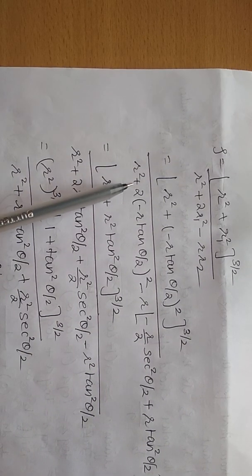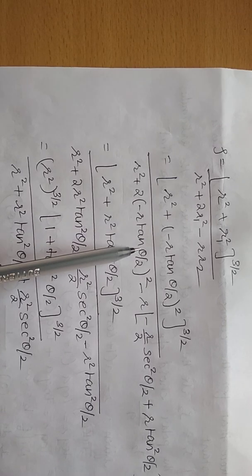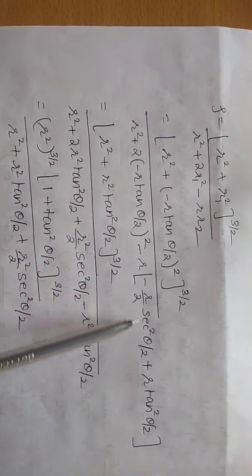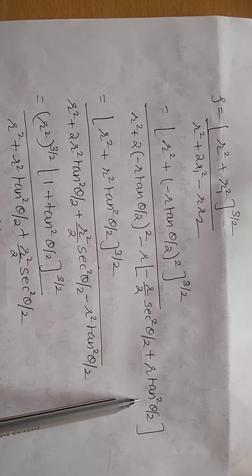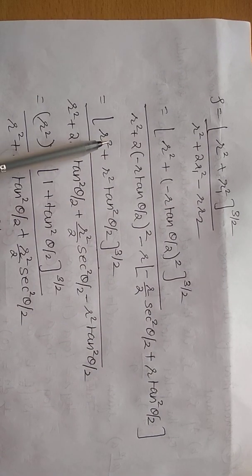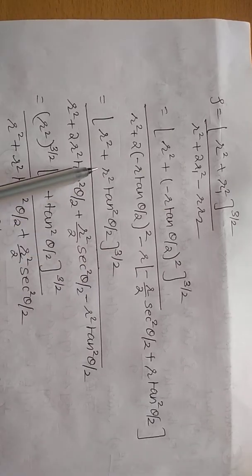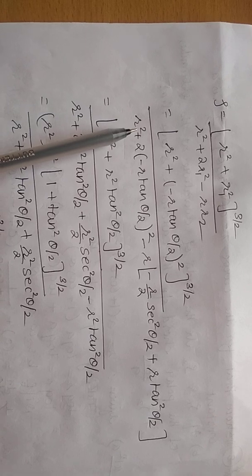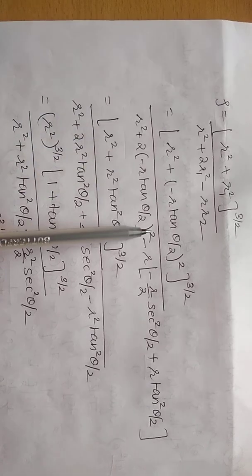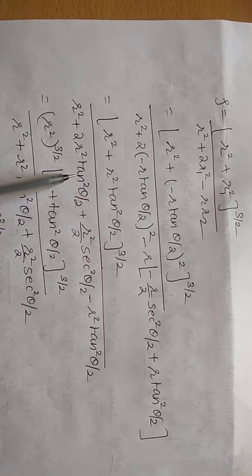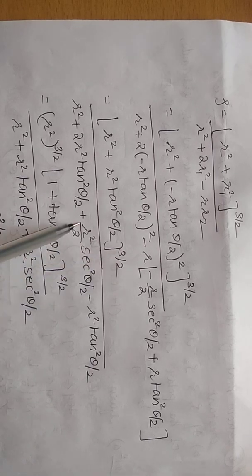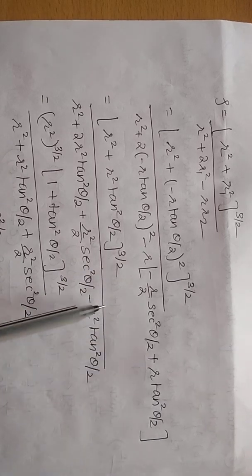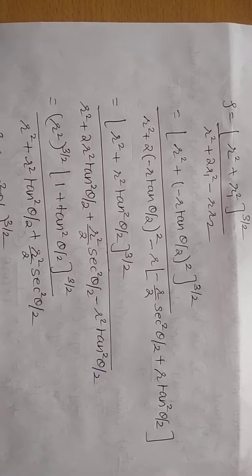So r² + 2 into (minus r tan θ/2) the whole square, minus r into (minus r/2 sec² θ/2 plus r tan² θ/2). Numerator is r² plus r² tan² θ/2 raised to 3 by 2. Denominator: r² plus 2r² tan² θ/2, minus into minus is plus r²/2 sec² θ/2, minus into plus is minus r² tan² θ/2.